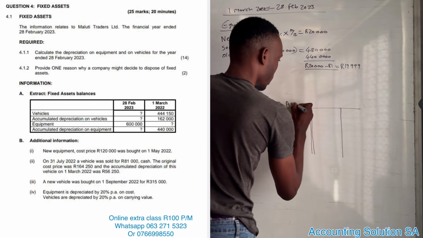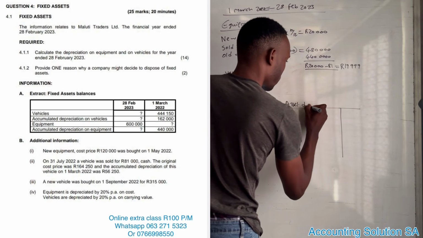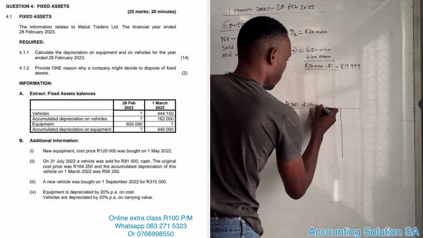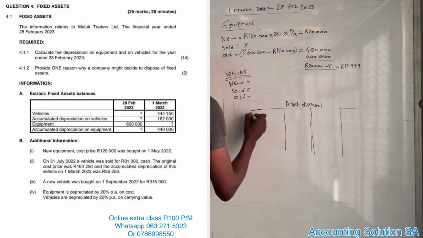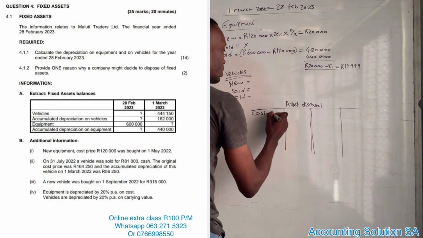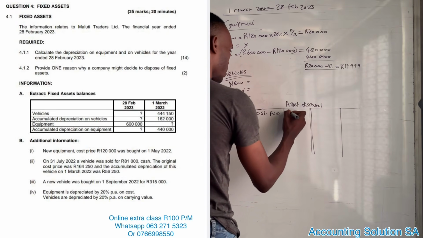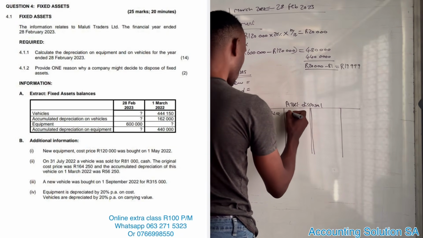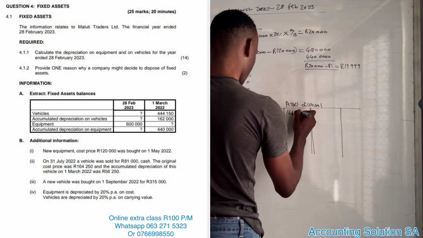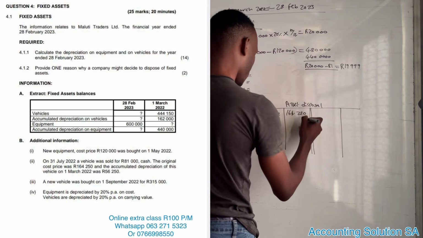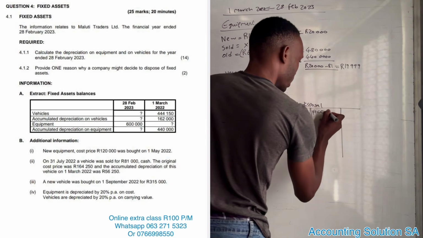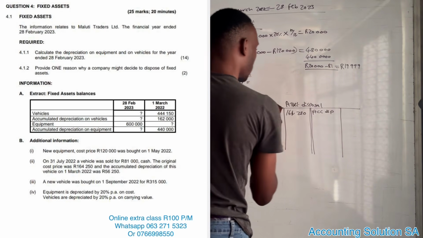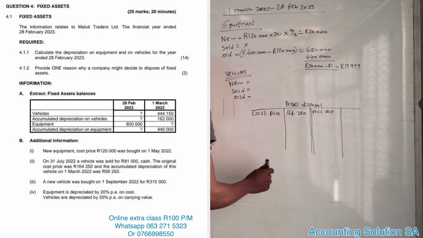Assets disposal. On this side we put the cost price, and the cost price of the sold vehicle was 164,250. This side we put accumulated depreciation, which is where we also calculate the depreciation we need here.